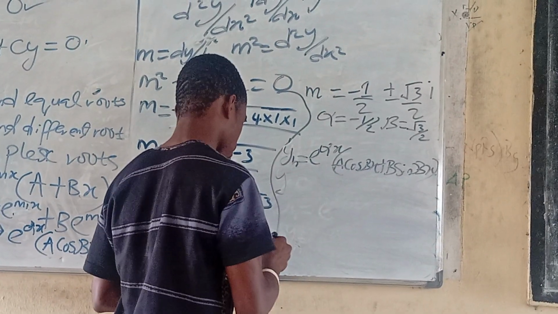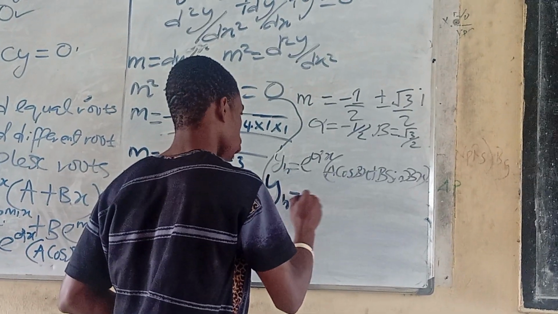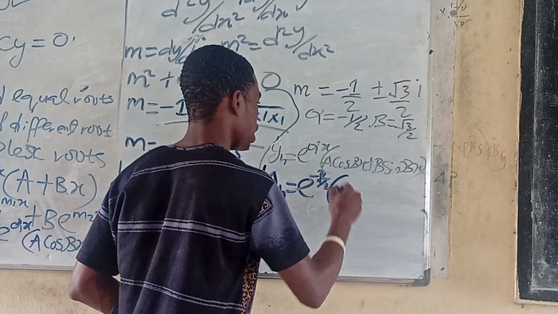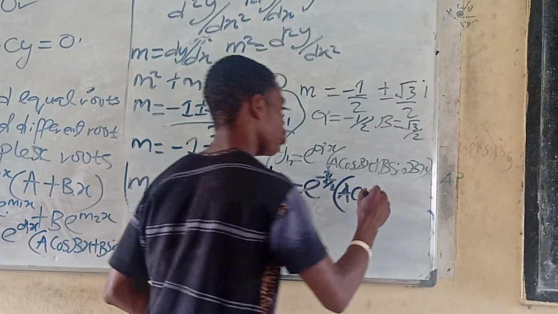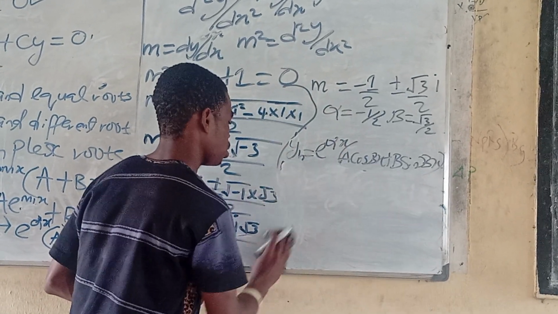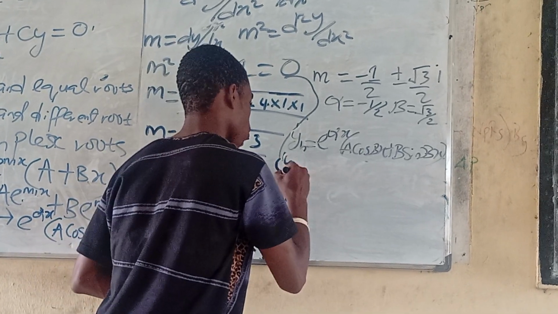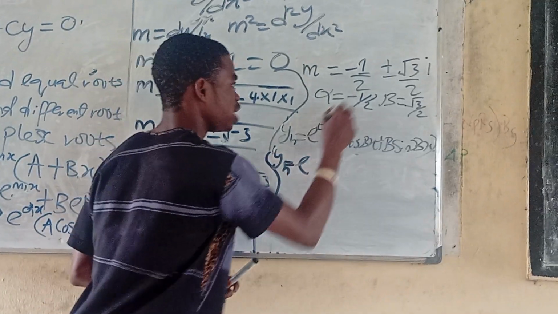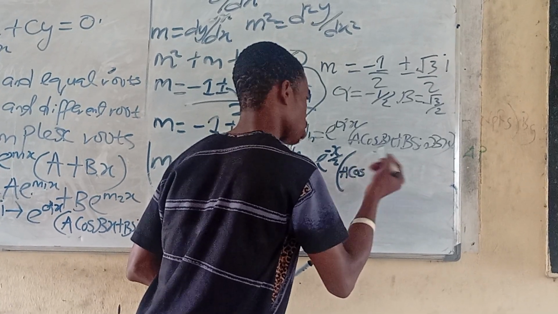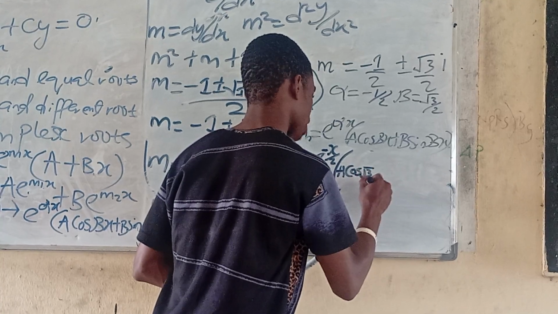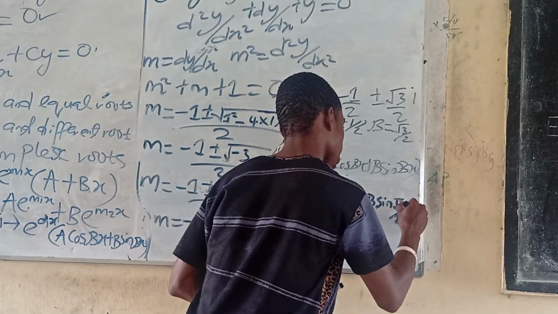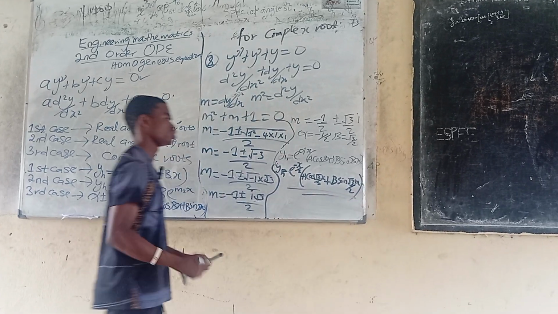So y homogeneous equals exponential minus x over 2, a cos, beta is root 3 over 2, so root 3 over 2 x, plus b sine root 3 over 2 x. So this is the general solution for the equation.